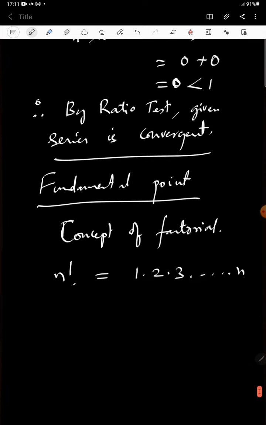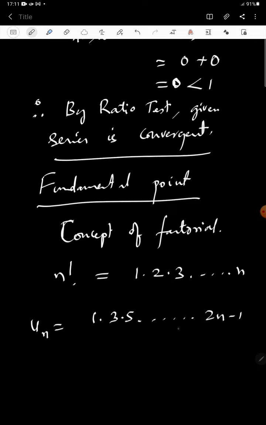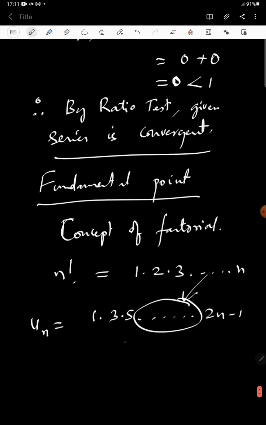Instead of factorial, sometimes un will have terms like 1, 3, 5 and so on up to 2n minus 1. This 'so on' appearing here is also a concept of factorial. It is like a factorial. So in this particular case, we use the ratio test.